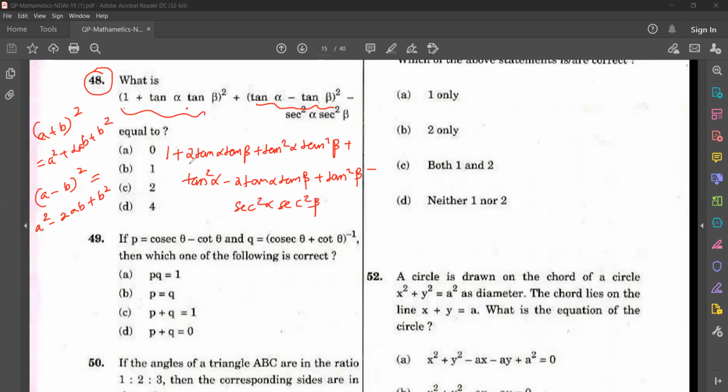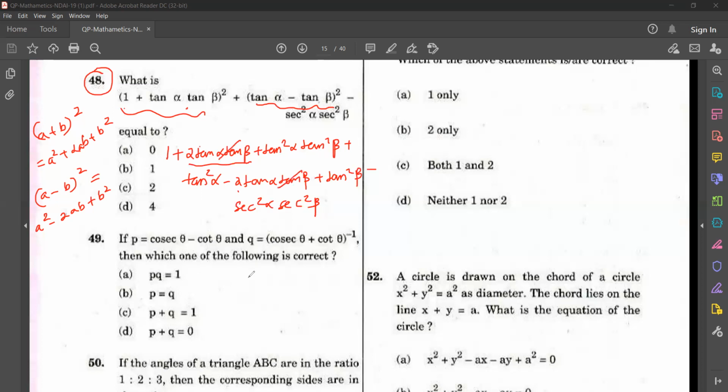Okay, now listen here, plus 2 tan alpha tan beta minus 2 tan alpha tan beta, isn't it? So that both will cancel.